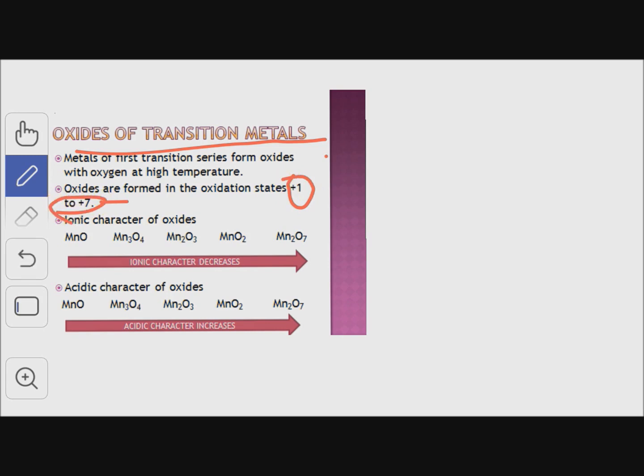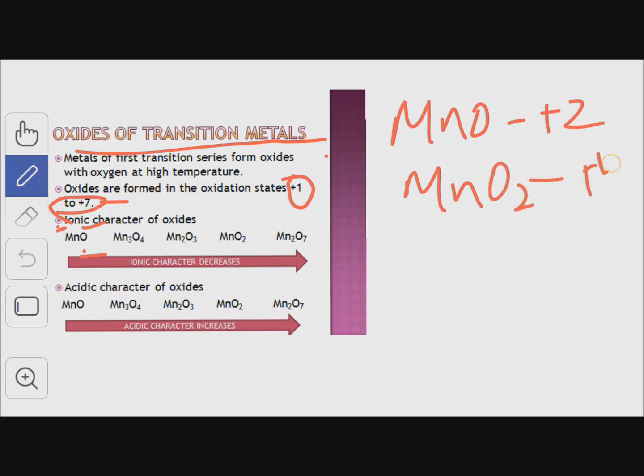For example, MnO, Mn3O4, Mn2O3, etc. These are some oxides of manganese, in which the oxidation state of manganese in the case of MnO is +2. In the case of MnO2, the oxidation state is +4. And in Mn2O7, its oxidation state is +7.